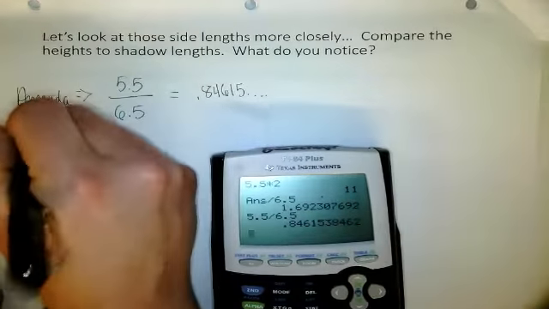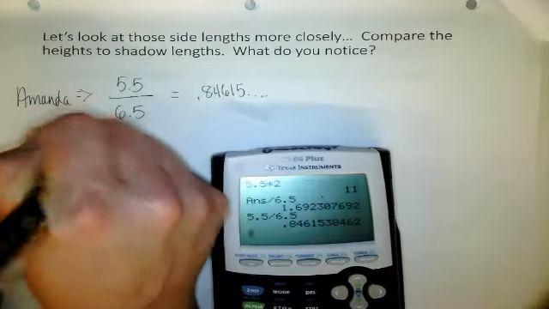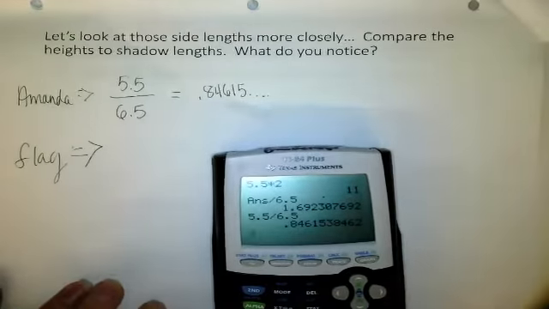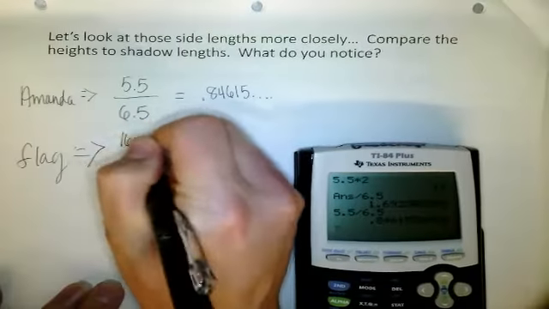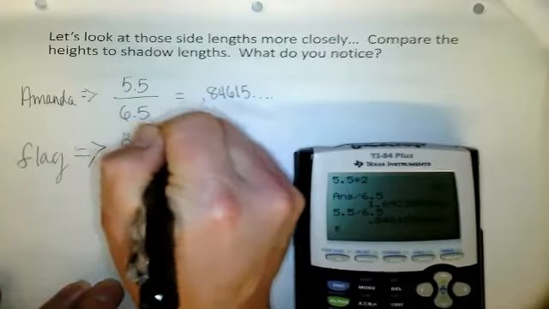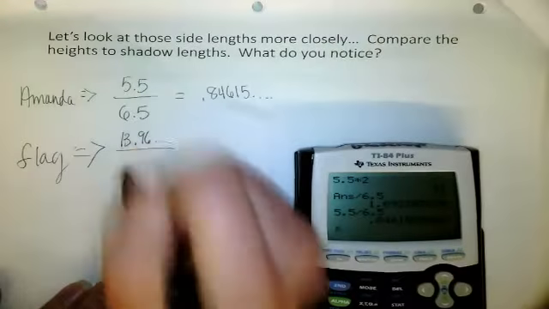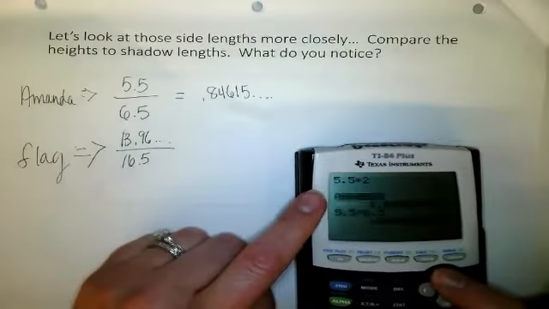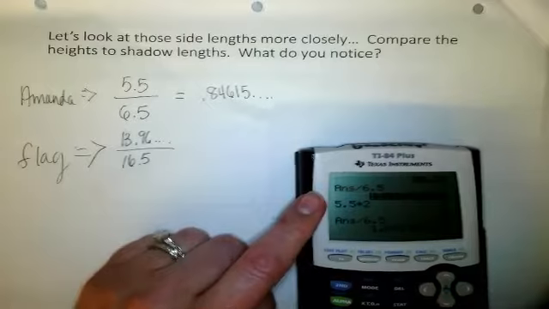Now let's compare the flagpole. What was the flagpole's height? 13.96, and so on, to the shadow, 16.5. I'm going to call that up because I have it in here somewhere. There it is.